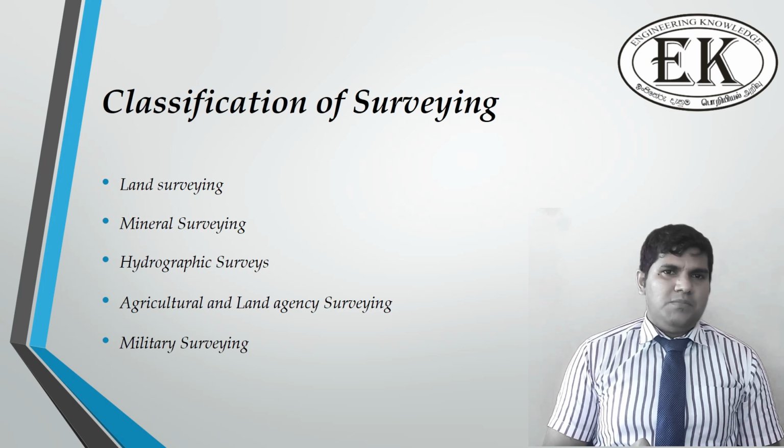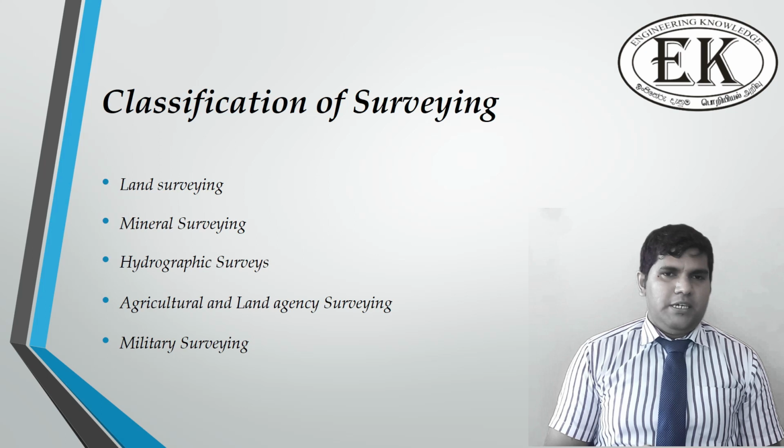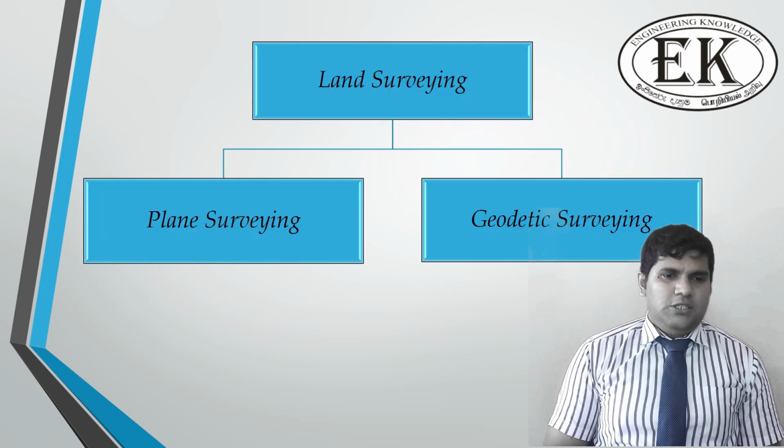We are doing some surveying work related to hydrostructures, and the fourth one is agricultural and land agency surveying. Especially in agricultural land, they are going to measure some surveying works, and the last one is military surveying. Nowadays they are using some advanced surveying instruments, GPS and total stations.